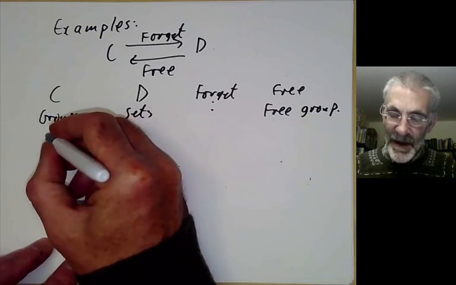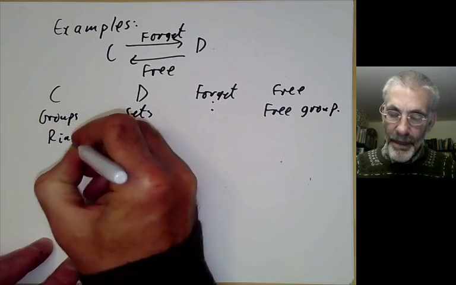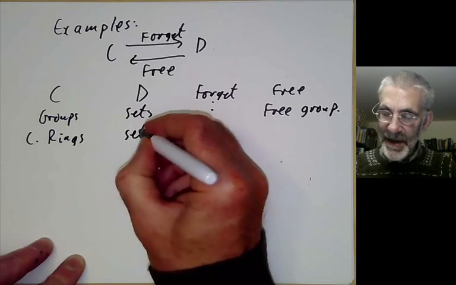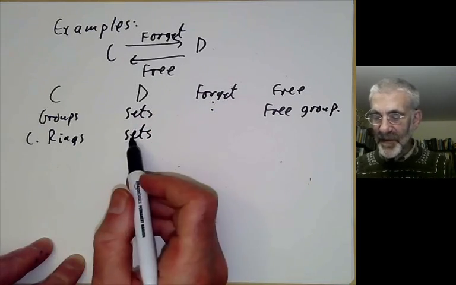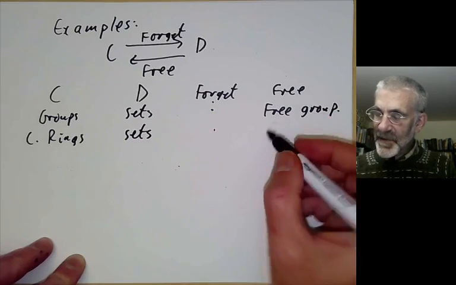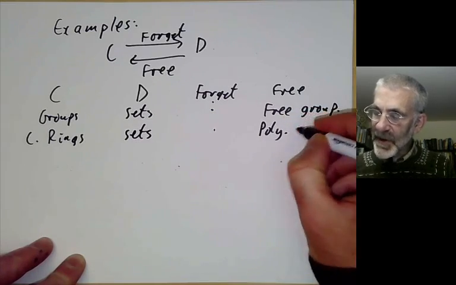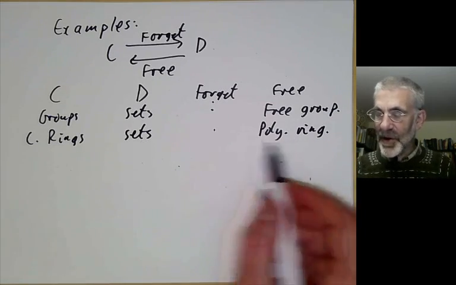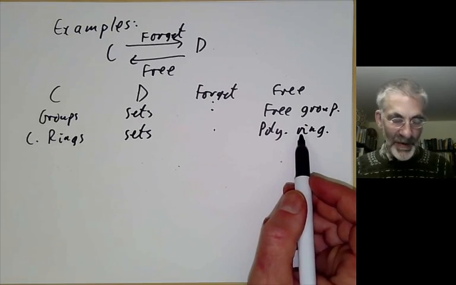If you take C to be commutative rings, and D to be sets again, then there's a forgetful functor from rings to sets, and the corresponding free functor just takes a set to the polynomial ring on that set. So if you've got a set with 3 elements, you'll take the polynomial ring over Z with 3 generators.